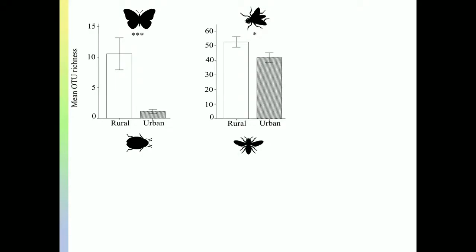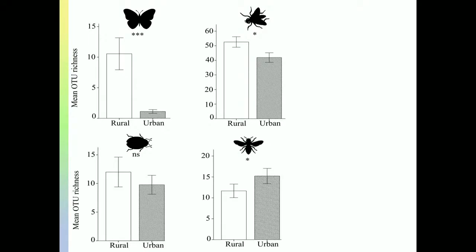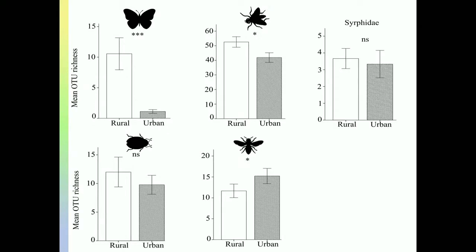Going now into each of the orders, for Lepidoptera we found higher OTU richness in rural areas, also for Diptera compared to urban ecosystems. We didn't find any difference in Coleoptera. However, for Hymenoptera, we found higher OTU richness in urban versus rural areas.